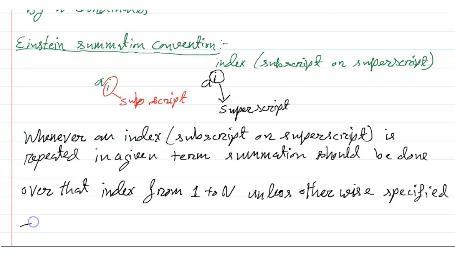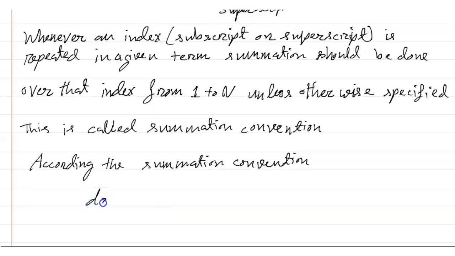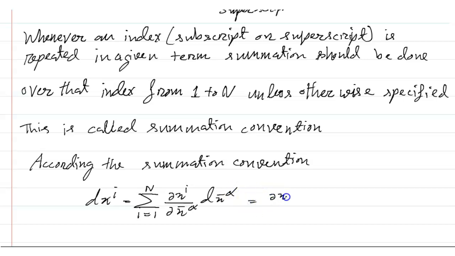Now an example: according to the summation convention, dx^i, where we discussed that sum over alpha from 1 to N of ∂x^i/∂x̄^α dx̄^α, can be written this way: ∂x^i/∂x̄^α dx̄^α.